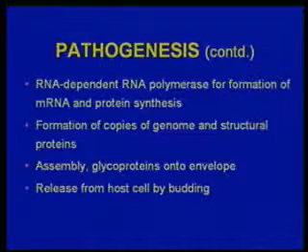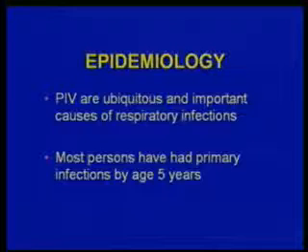So just to say that the virus does replicate in the cytoplasm, forming copies of the proteins and the genome it needs, and finally it's assembled and leaves the cell by budding, and before that it acquires an envelope, because these are enveloped viruses, and the glycoproteins stick into that envelope as well.